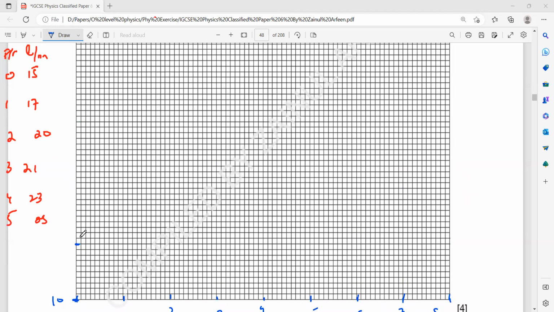So I have to label the axis 1, 2, 3, 4, 5. The box size is so small, that's why I miscount. So first I'll mark after every 10 boxes, I'm marking the points, and then I will label the axis.